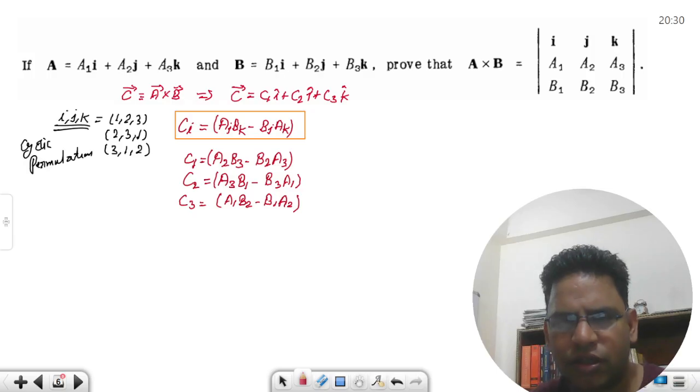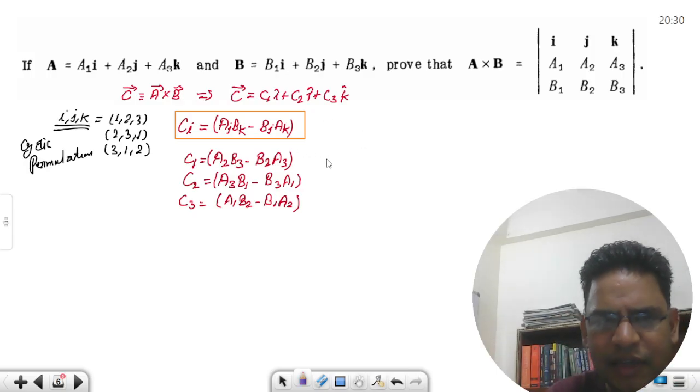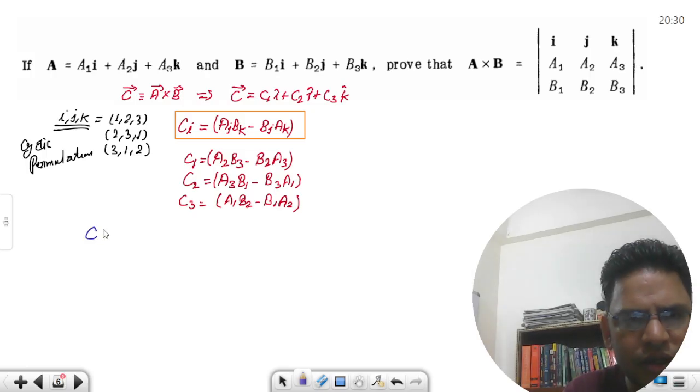If you look at this, interestingly, this C vector is equal to C1 i cap, C2 j cap, C3 k cap.